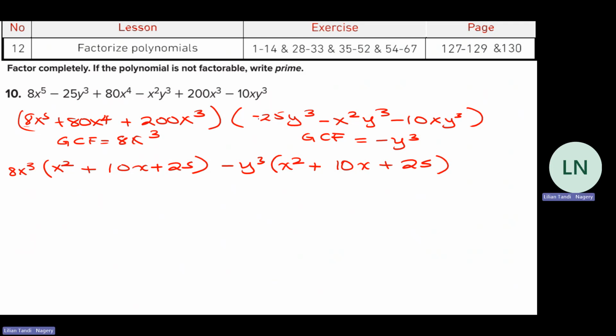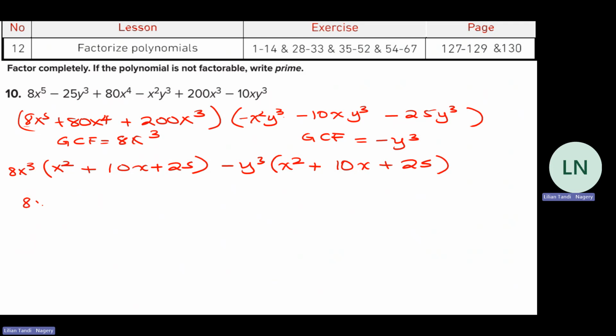So I should write this in standard form. So this should be x squared y cubed, and it should be minus 10xy cubed, and then negative 25y cubed, like that. Okay, so who is common? The negative y cubed is common, so if I take that out, this is what I'm left with.